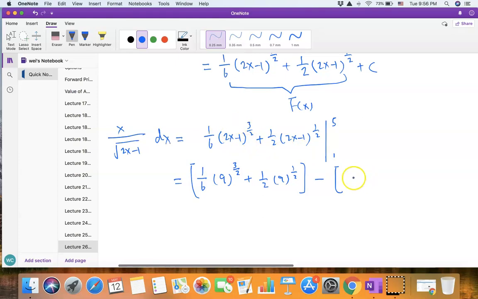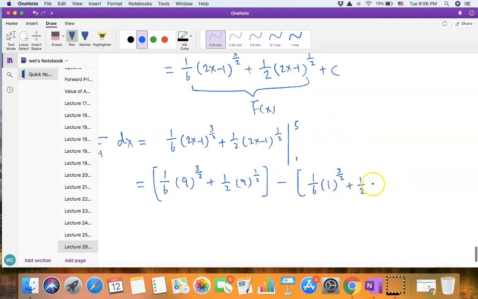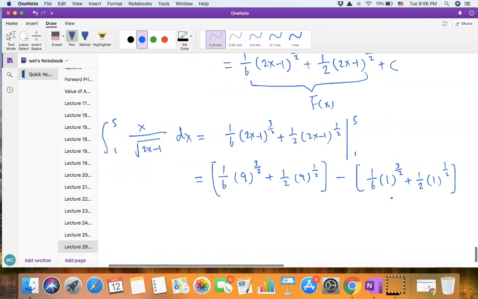So this is 1 over 6 times 1 to the power of 3 over 2 plus 1 over 2 times 1 to the power of 1 over 2. Okay.